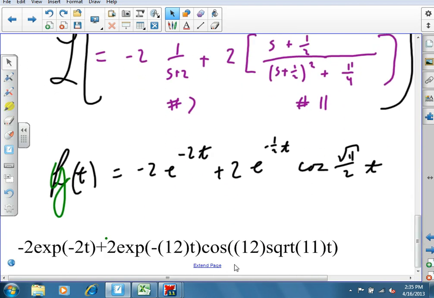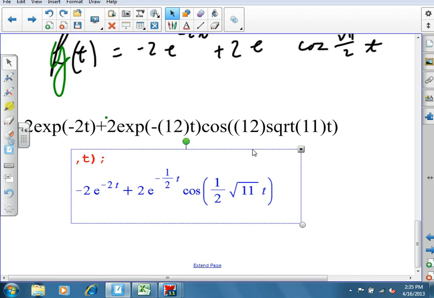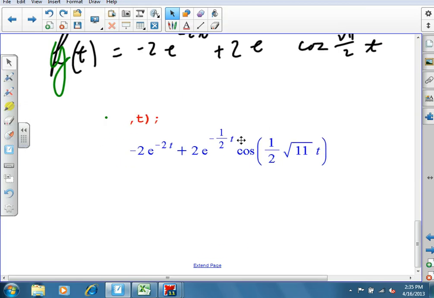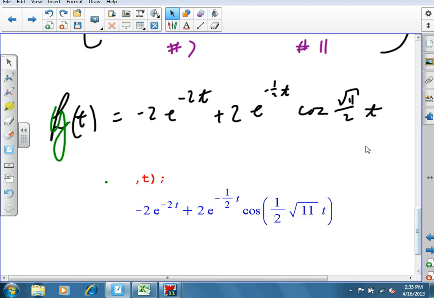Down there, edit, paste, get rid of this guy, delete. There, perfect. Excellent. The only thing I have different is I have square root of 11 over 2 rather than 1/2 the square root of 11. Excellent.